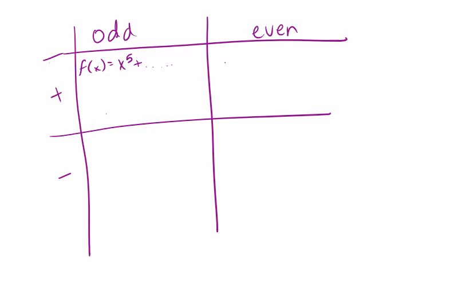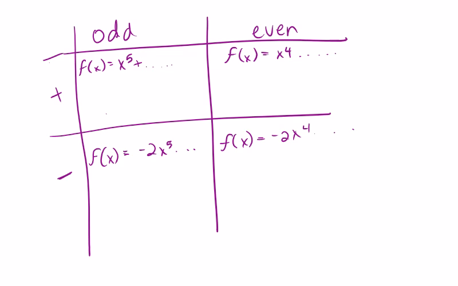An even function would be x to the 4th, blah, blah, blah. Then an odd with a negative coefficient is going to be something like -2x to the 5th, and this would be something like -2x to the 4th, and so on.